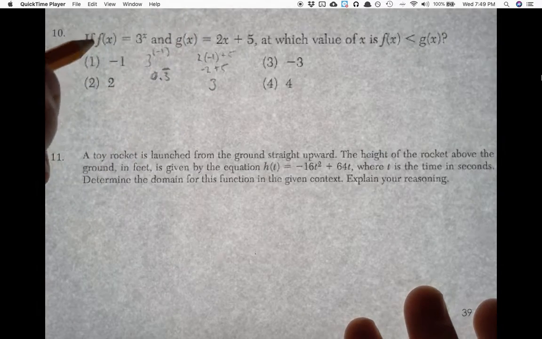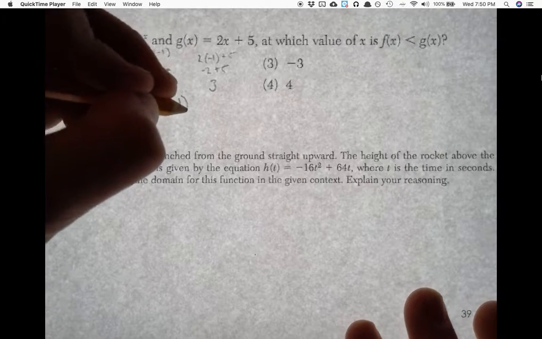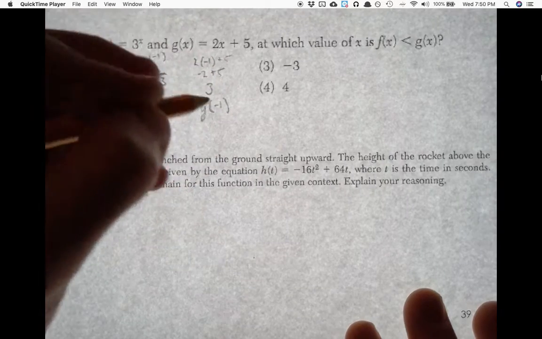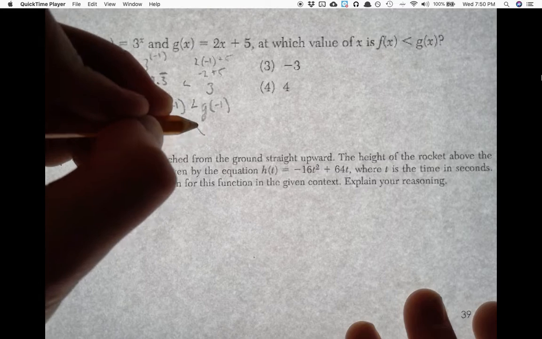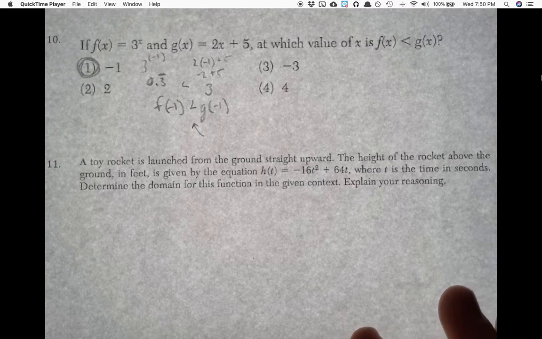In this case, f of negative 1 was 0.3 repeating, and g of negative 1 was 3, and 0.3 is less than 3, so it looks like answer choice 1 is correct.